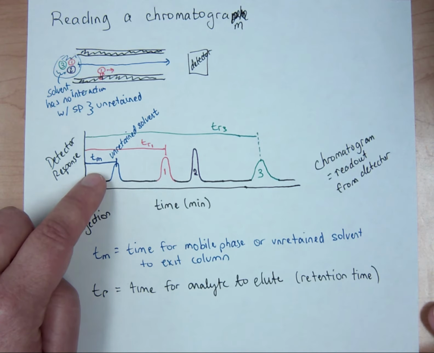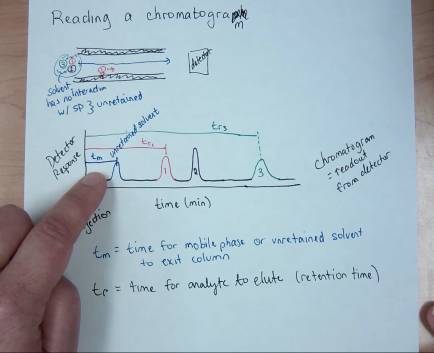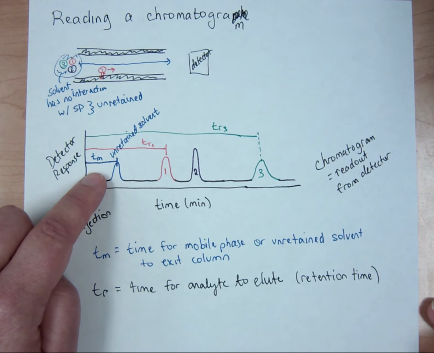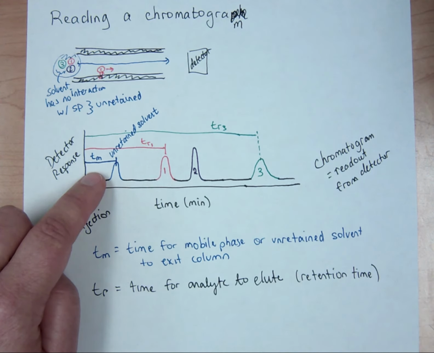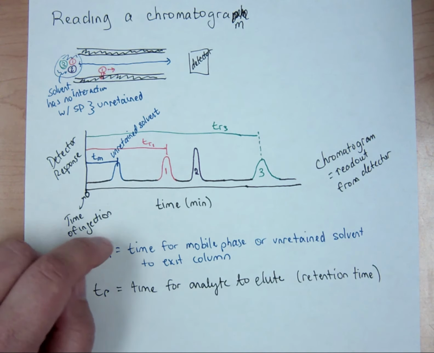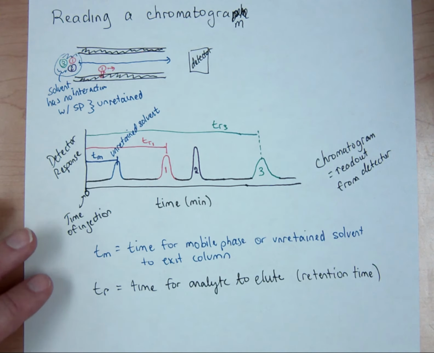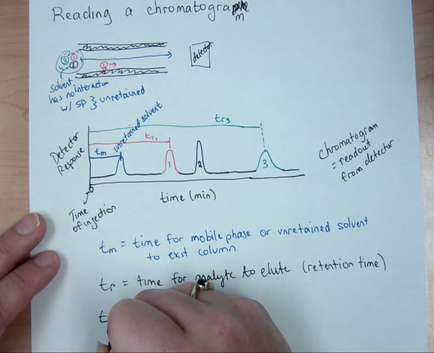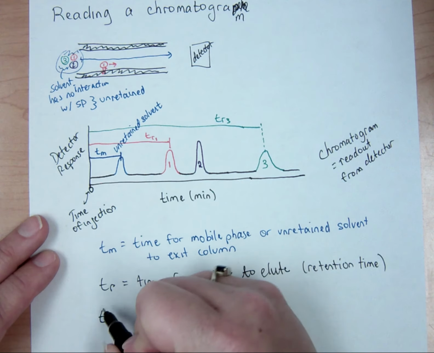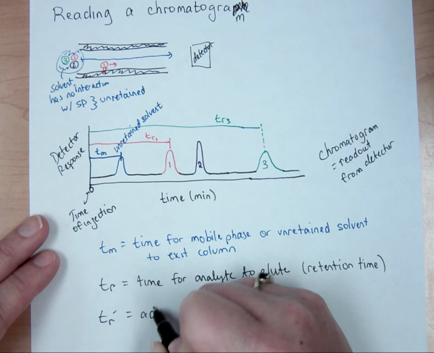So it can be really helpful when we're comparing between one analysis and another, when we might have a change of tubing, to not look specifically at the retention time, but to look at what we call the adjusted retention time, or TR prime. This is the adjusted retention time.